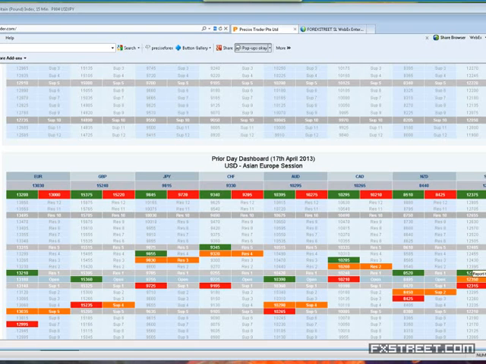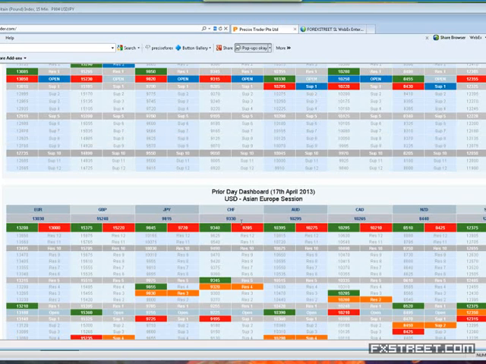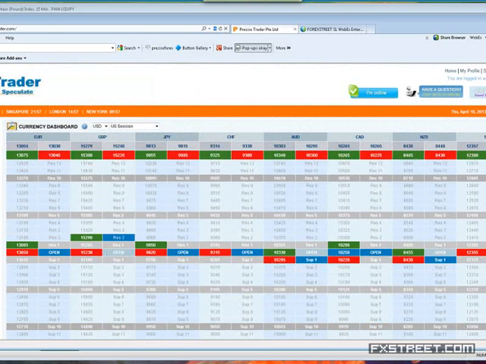So Sing dollar should be one of the crosses to be avoided, but it can go well with the strongest and weakest. In fact, yesterday Euro Sing would have given us a huge profit and would have been a good move. So today we can anticipate that Euro Sing would have a good pullback, or whether it will still be in a range mode, based on yesterday's move. All this can be anticipated by looking at the dashboard.